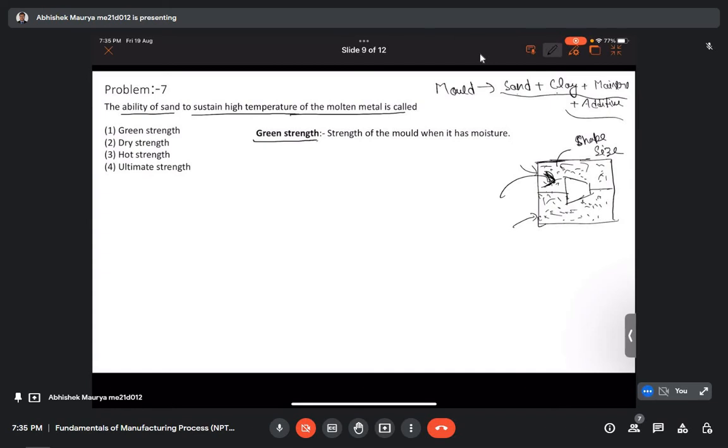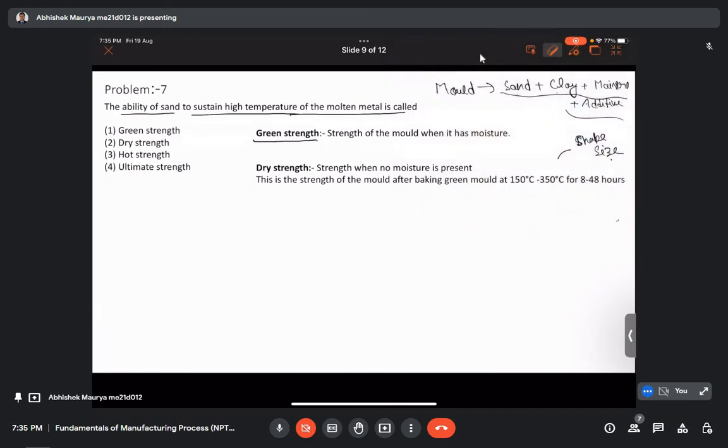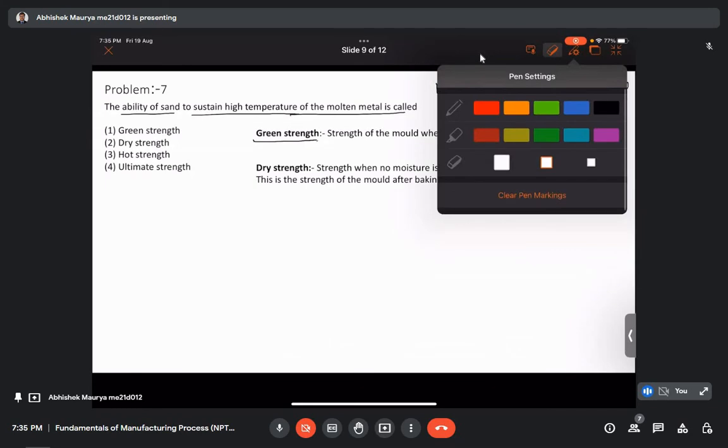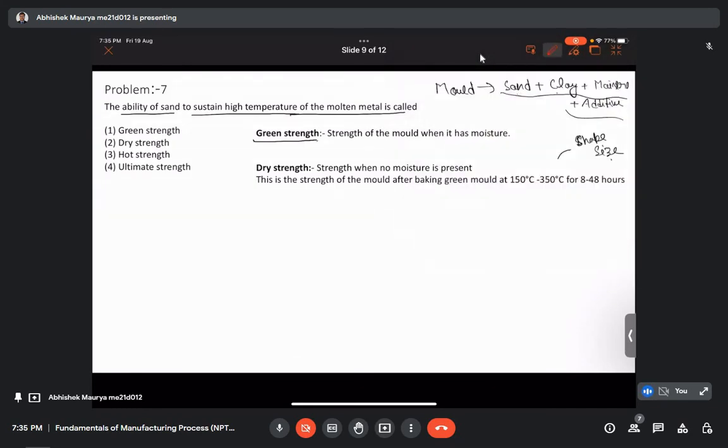And what happens with the dry strength? Sometimes when the casting size is very large, then we cannot directly pour the molten material in the green mold, because green mold has very little strength to hold the load of a larger amount of molten material.